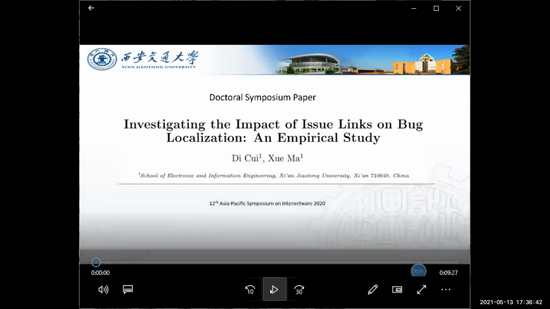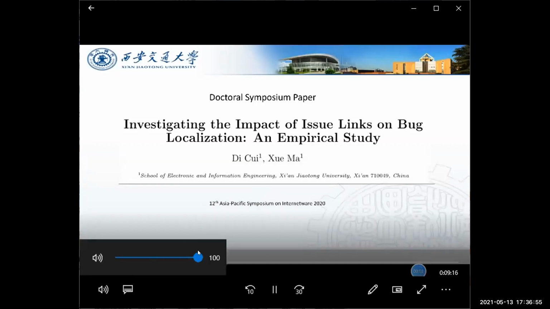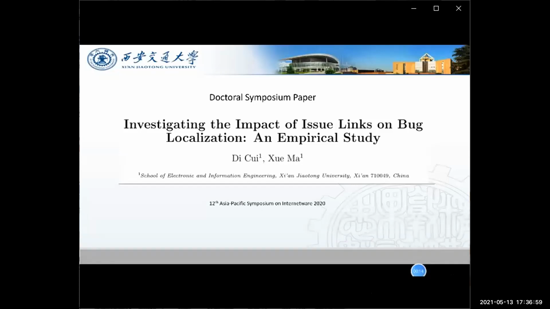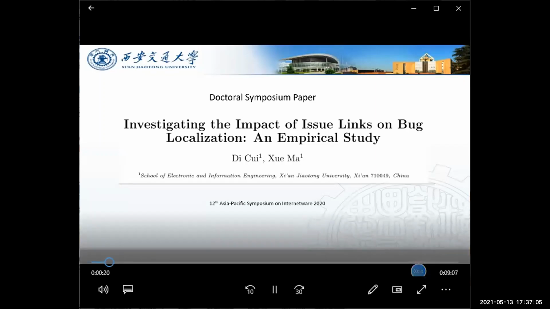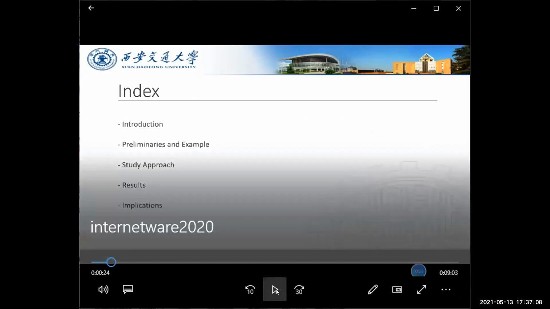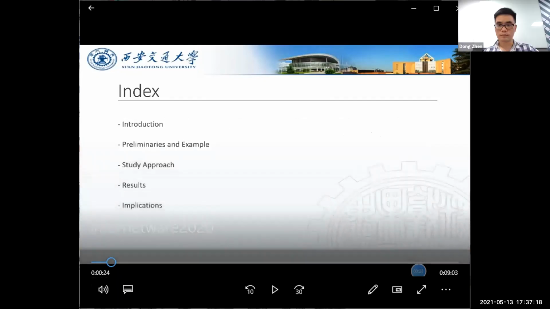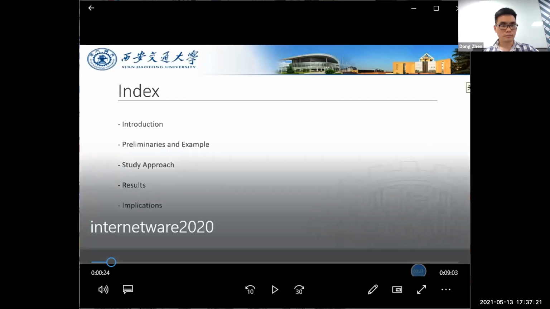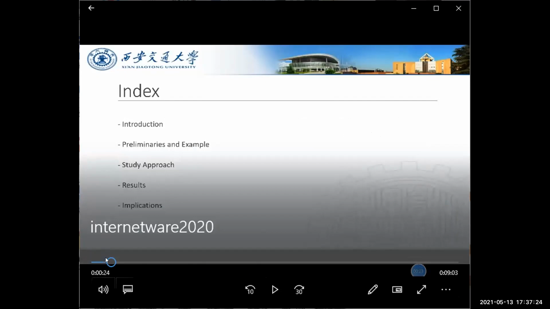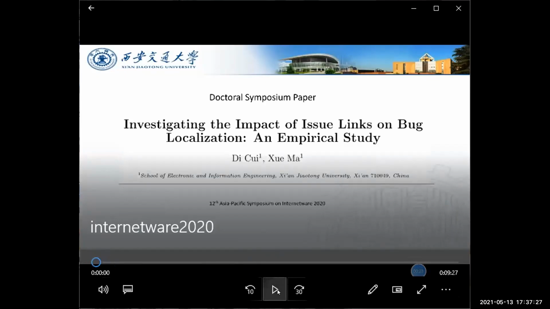I can't see the video, and there is no sound. When you share your screen, you should make sure to click the share sound option also. Can you give the host to me and I will share the video?